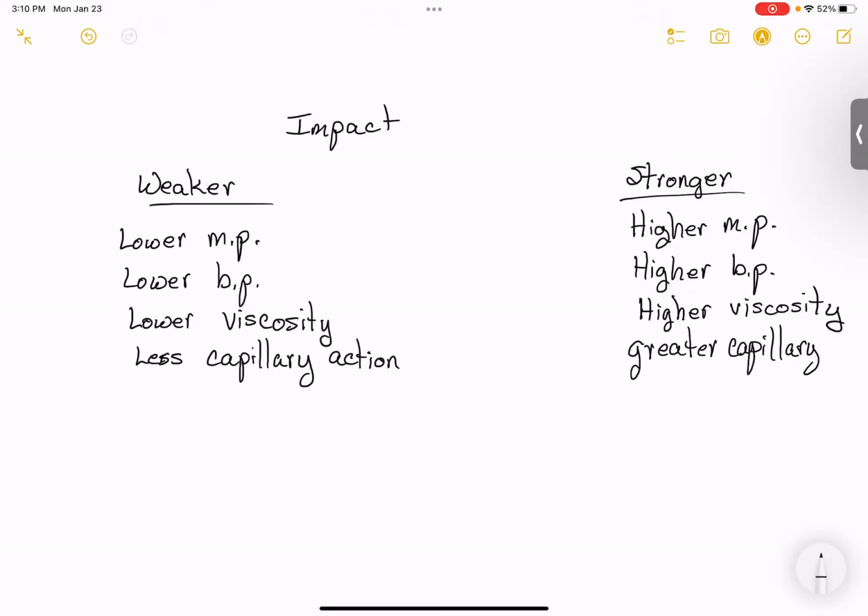Except you don't actually have a sucking motion. To clarify, you've got a spill on the table, take a paper towel and just barely touch it to it. As the water rises up the paper towel, that's capillary action.